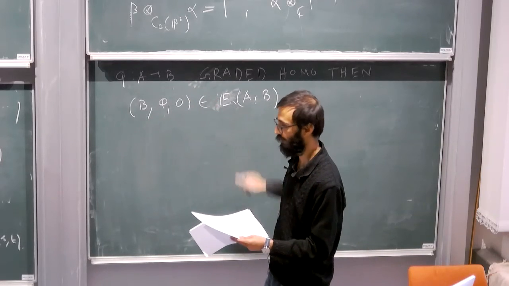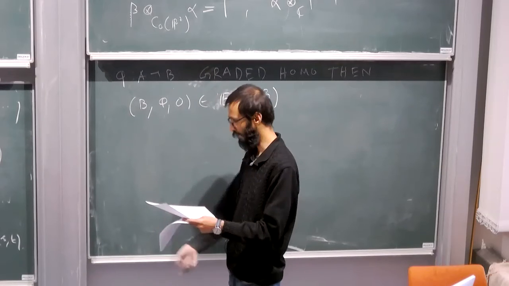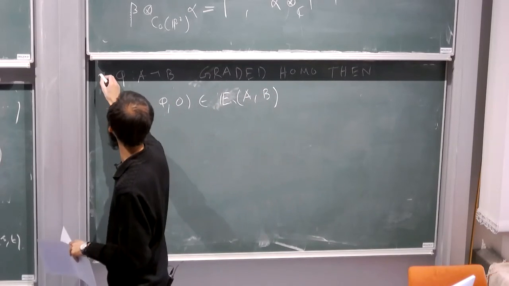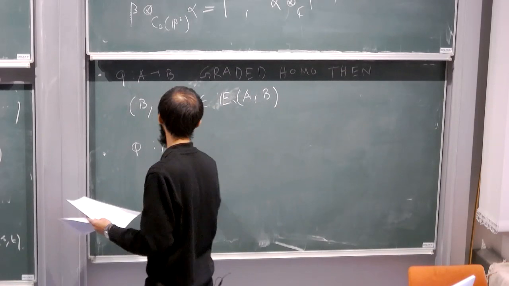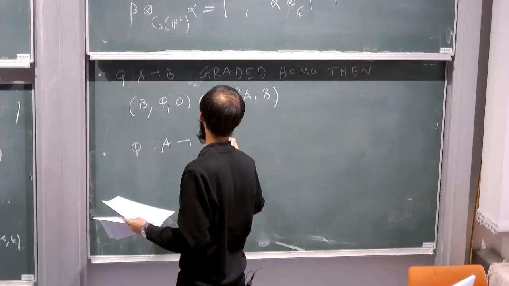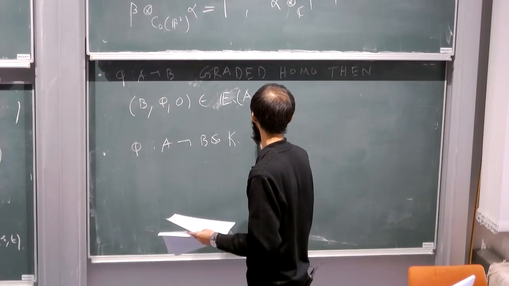This gives you a canonical class. This is the homomorphism class associated to a homomorphism. More generally, if you have phi from A to the stable B, this is K, then phi is a graded homomorphism.